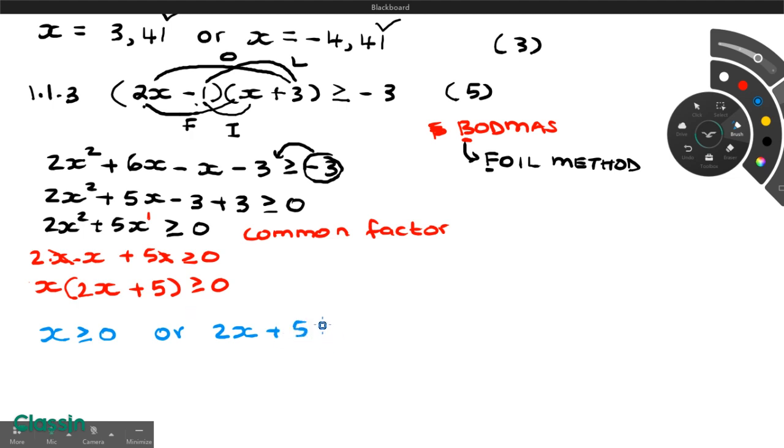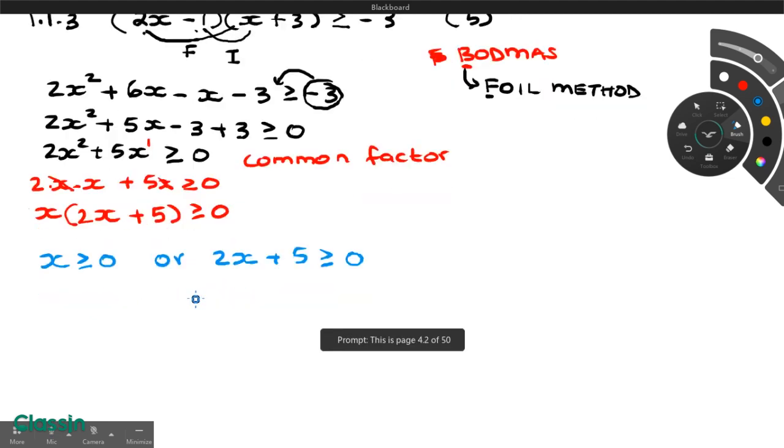This must also be greater or equal to 0. It means that this x is greater or equal to 0, and also this bracket is greater or equal to 0. Now, is there anything that we can do with x greater or equal to 0? The answer is no. And therefore, this is our first solution.